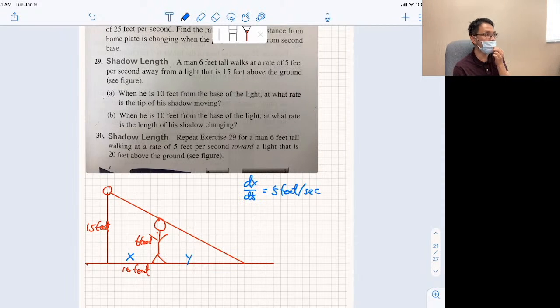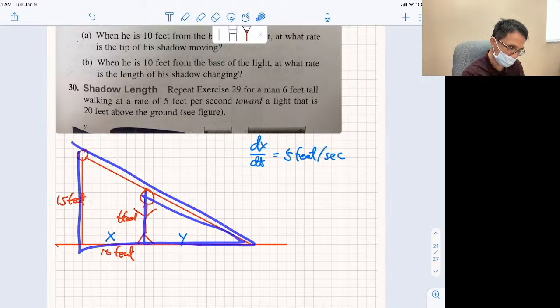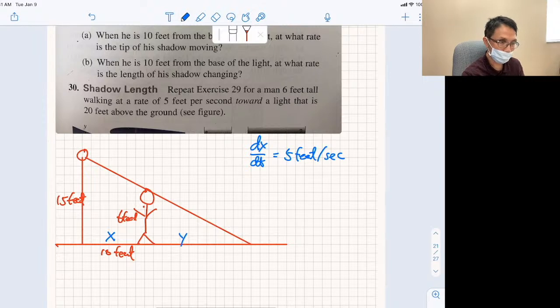So now, what kind of relationship will I be setting up? Pythagorean? No, similar triangles. Good. You're going to have this triangle versus this triangle, right? Can you set up the relationship for me? Anyone? Just one person? Raise your hand if you know it.